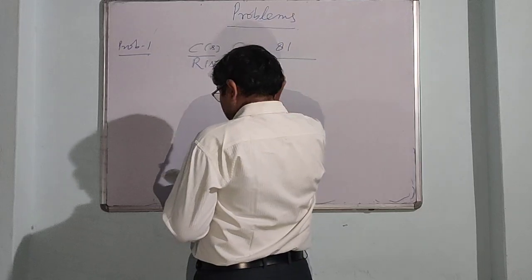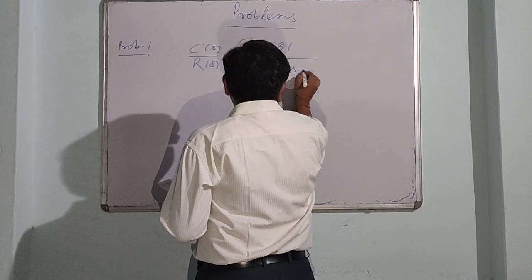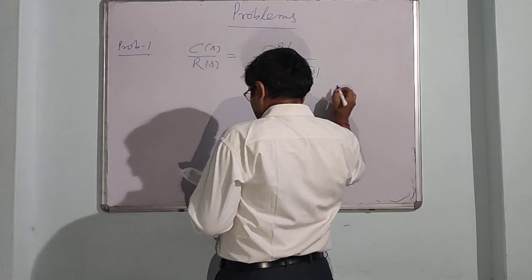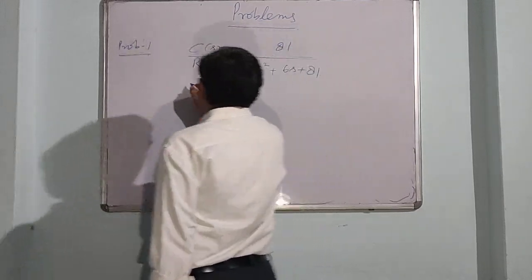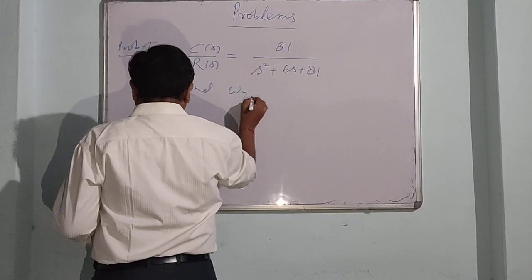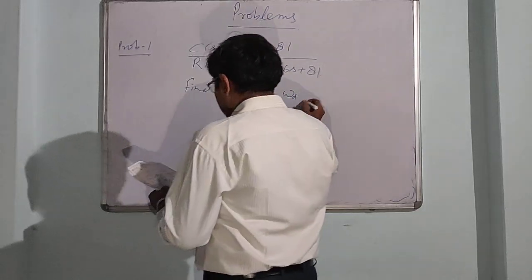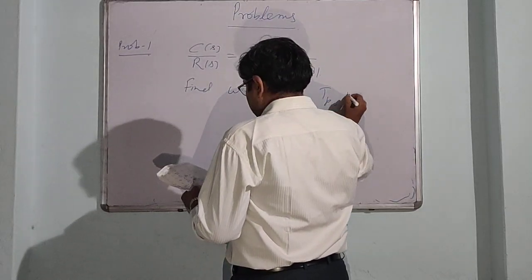That is 81 upon s square plus 6s plus 81. Find all these values: omega n, zeta, omega d, peak time, percent overshoot, and so on.